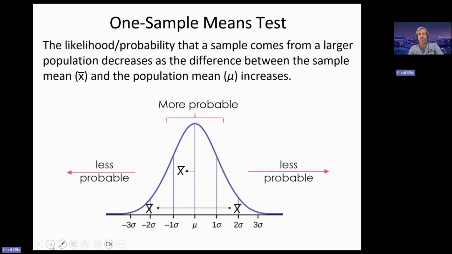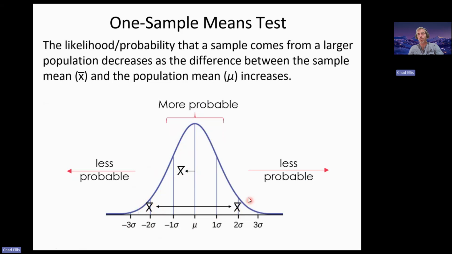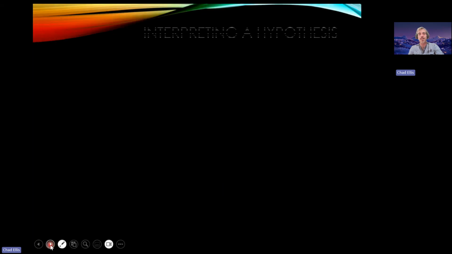But if you get a really low value for your sample mean, or alternatively a very large value compared to your population mean, it becomes less and less probable that that sample actually belongs to that same population, and more likely that that sample is coming from a completely different population. So this is essentially what the one sample means test is determining.